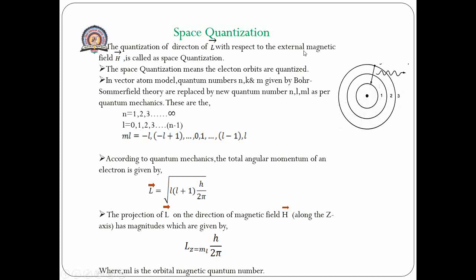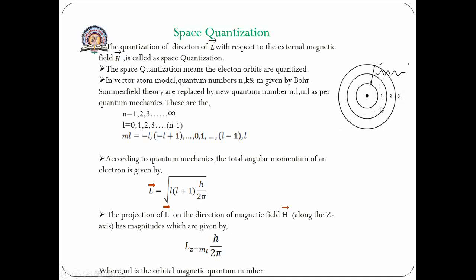Quantized means this: suppose these are the electron orbits, n equal to 1, 2 and 3, and in the last lecture we already explained that the energy of an orbit is different for different orbits. So for n equal to 1, 2 and 3, the energies are, suppose, E1, E2 and E3 respectively.